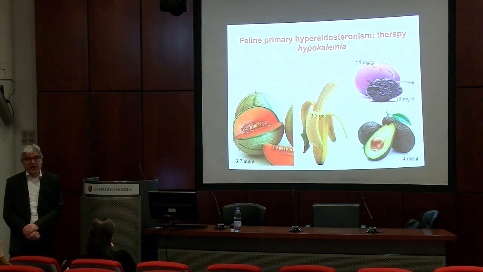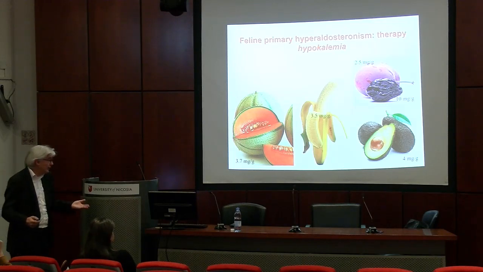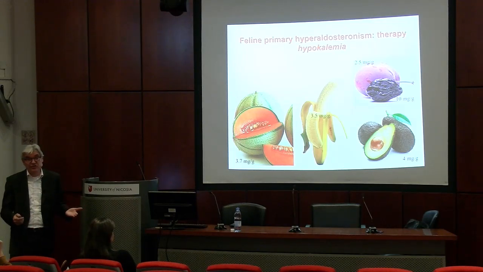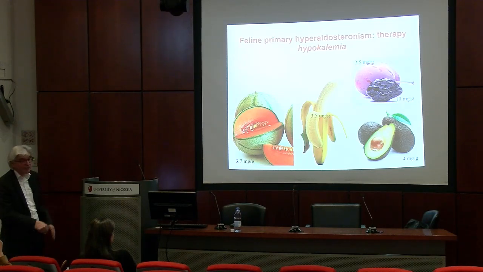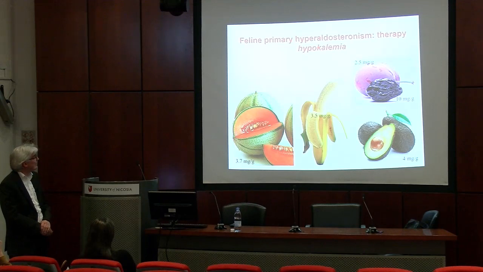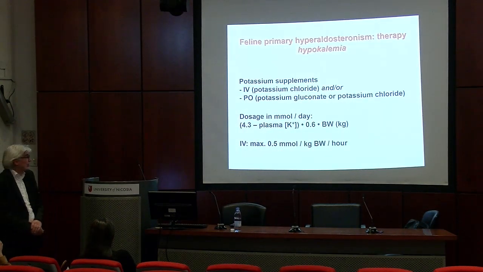With respect to the hypokalemia, well, then we have to administer potassium. There are different ways to do it, but you can do it by giving a lot of fruit. In fruit there is a lot of potassium. For example, in a banana, 3.5 milligram per gram of banana. If a cat wants to eat that, wants to eat tomatoes, that may be a way to get more intake of potassium. If not, then you have to give it as potassium itself.